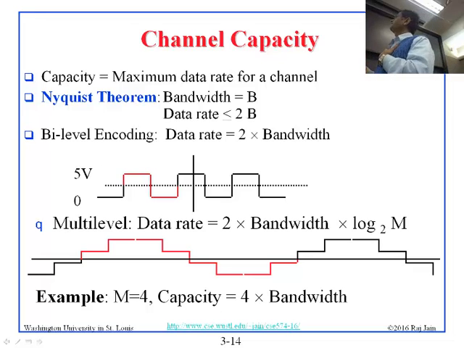What it says is that your bit rate would be twice the baud rate. So here is the coding: 0, 1, 0, 1, 0, 1, 1 bit per baud, right?